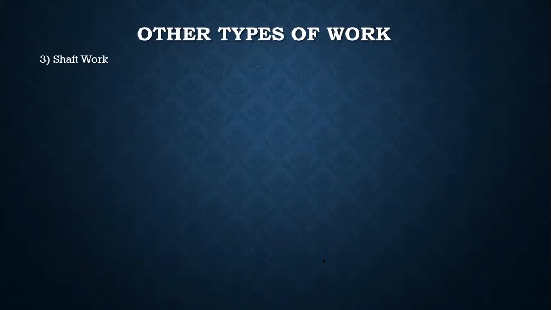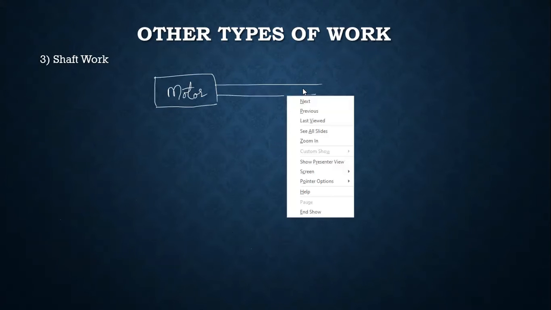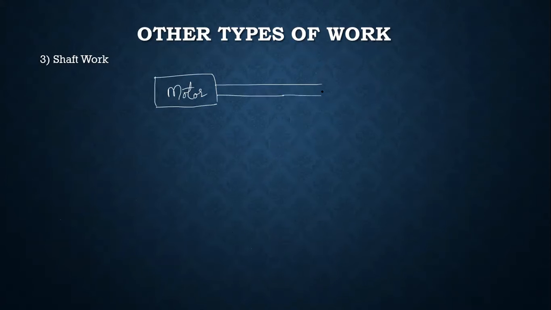The third type of work is shaft work. If a motor is connected to a shaft, let us consider one motor connected to a shaft, and considering the shaft as a system, the dashed line indicates that we are considering only the shaft as a system.